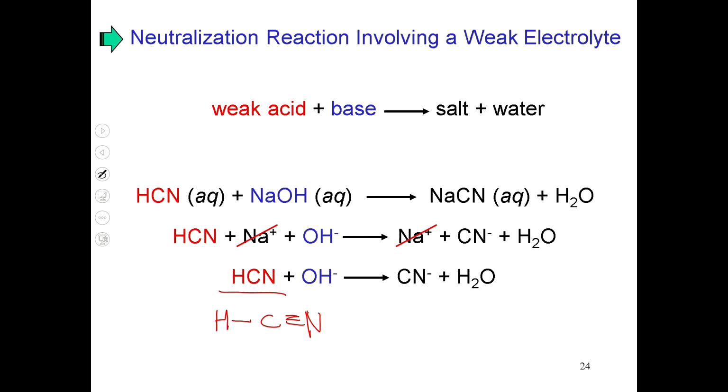This is hydrogen, and this is carbon, nitrogen, and between the carbon and nitrogen is a triple bond. I only know its Chinese name, 氰酸. But in English I don't know. Cyanic acid.